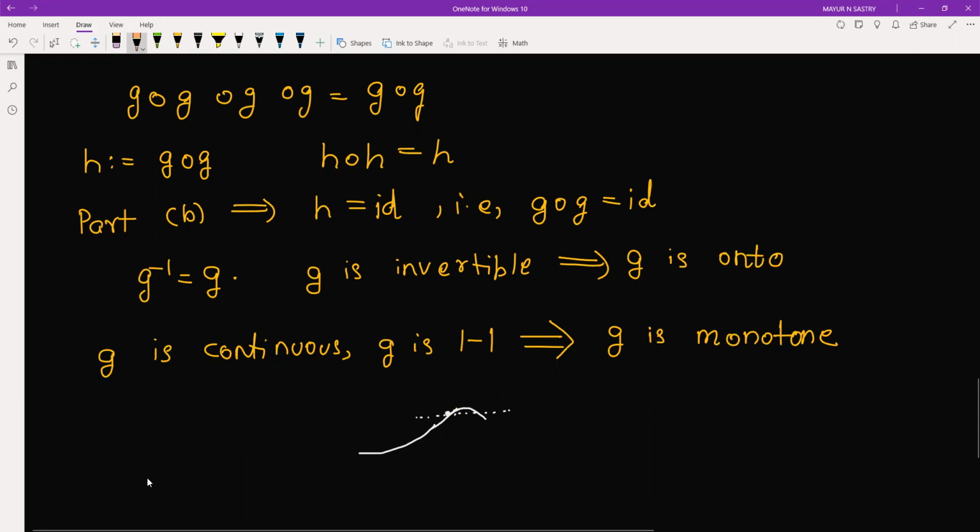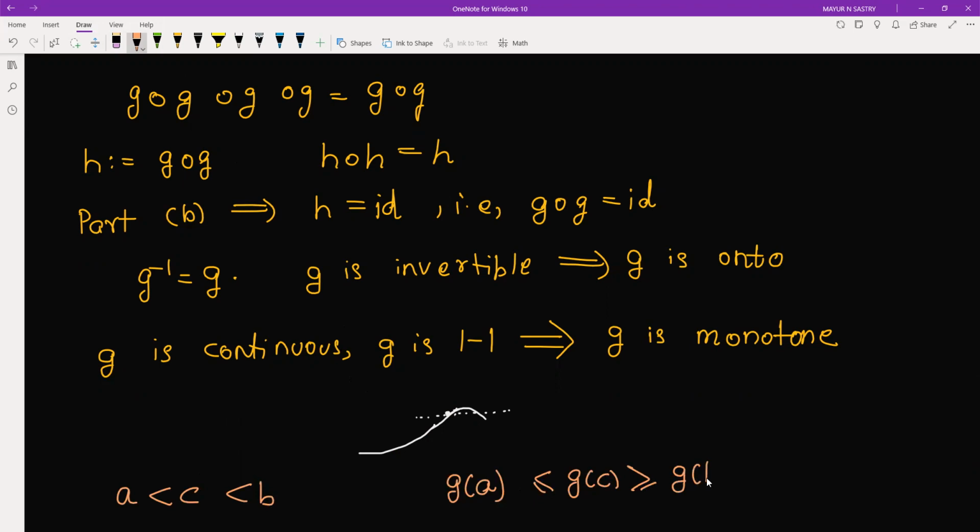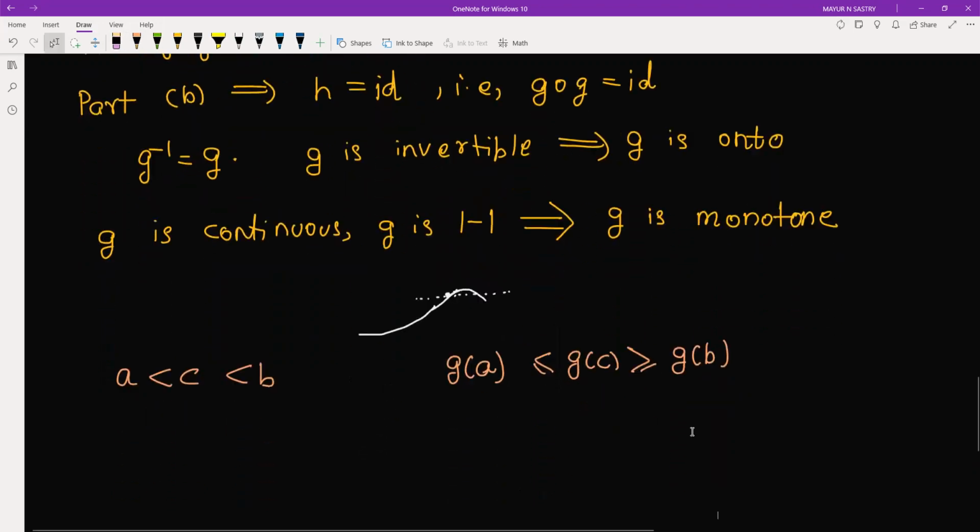So to formalize this, suppose we have A less than C less than B, and G of A is less than or equal to G of C, but is greater than or equal to G of B. So this is one case where it may fail. In this example, it's not strictly increasing.